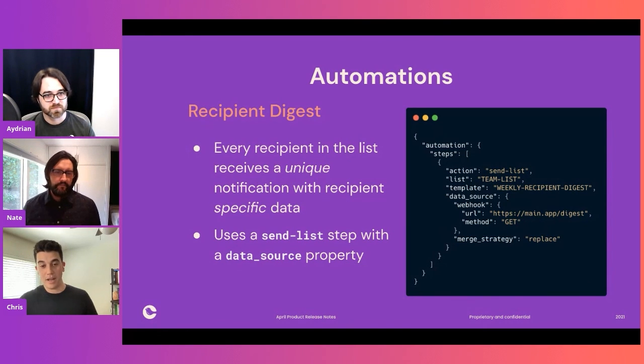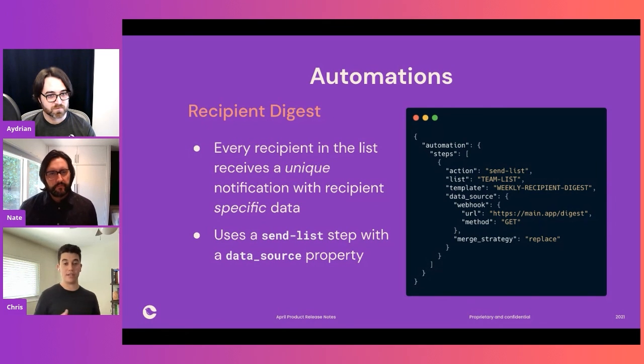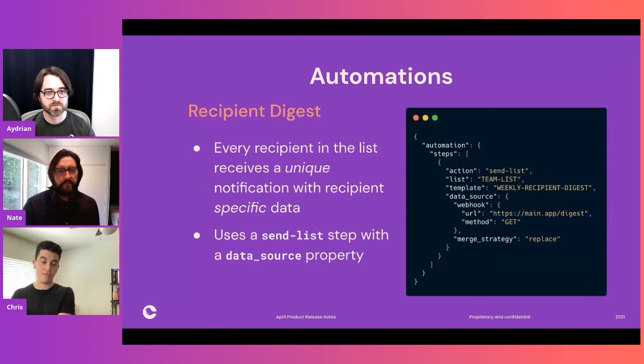To do that, Adrian and I built out a Netlify function that had specific data for each one of our recipients, and then we passed that URL into this send list step. In this way, the send list step will reach out, get that specific recipient data with the grades, the courses, and the progress, and then use that to render a notification and deliver it to each one of the students.